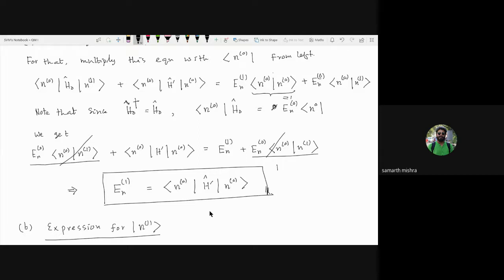Let me write them in words. The first order correction in energy, that is what I called En1, is the expectation value of H prime in the state n0.